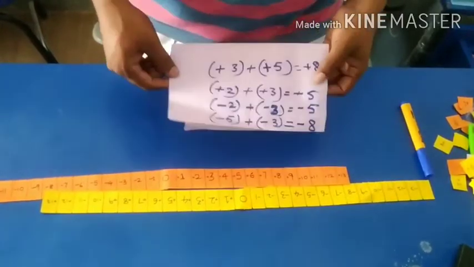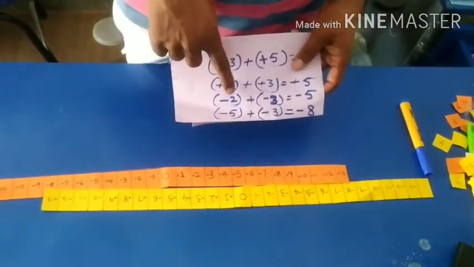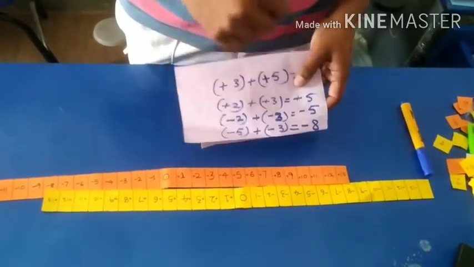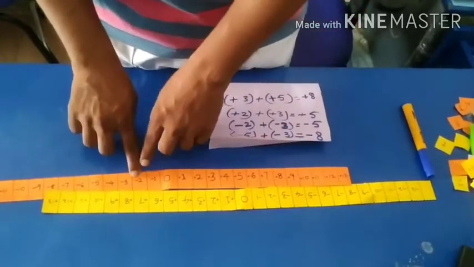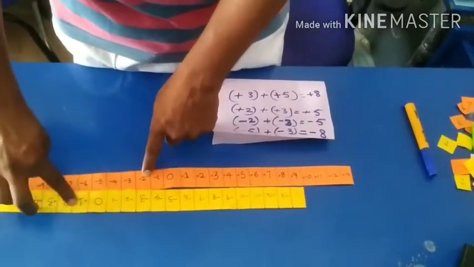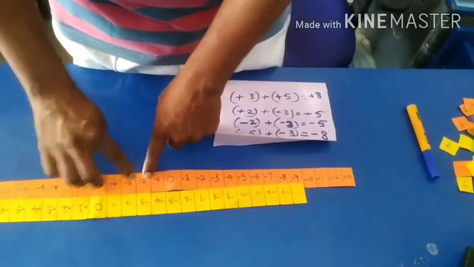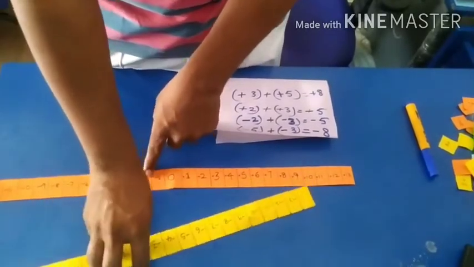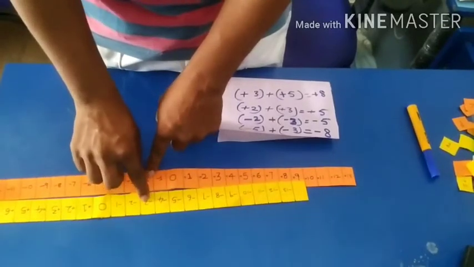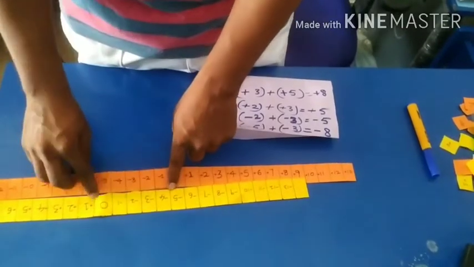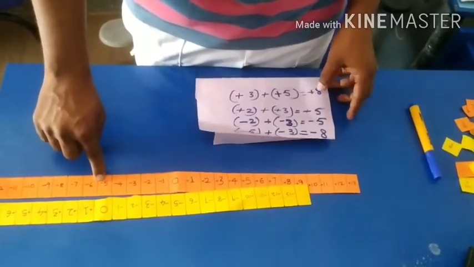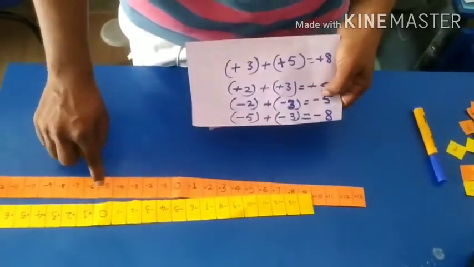In the same way, we can do negative numbers also, minus 2 and minus 3. So where is minus 2? Minus 2 is here, and minus 3. When you are adding, you put it like this, minus 2 and minus 3, and you will get 0 straight to the answer, minus 5.